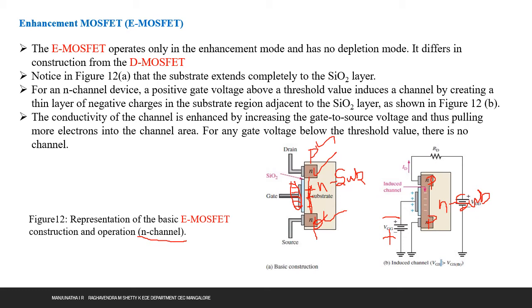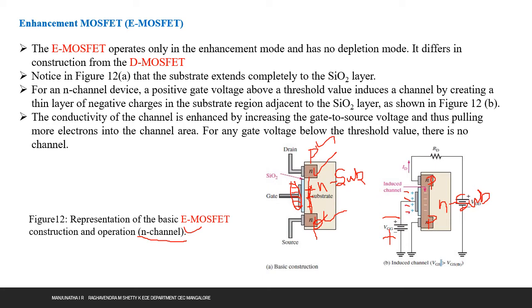Before, in the N channel, we have given the positive, and because of this positive terminal of VGG, one side is accumulated with the positive. So now because of negative VGG, here negative charges will be accumulated.